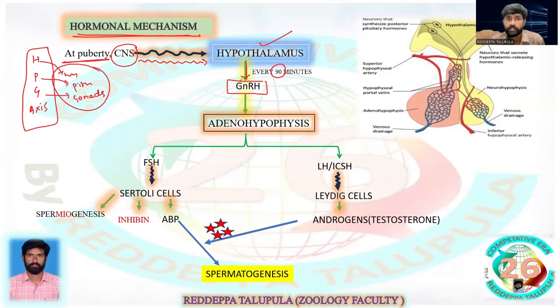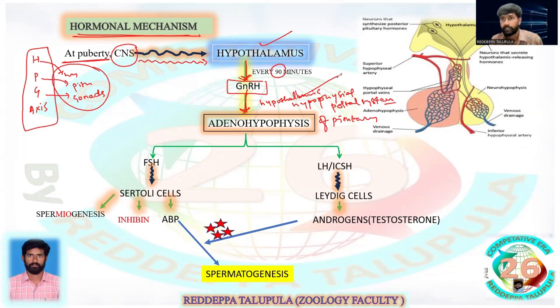Now see, hypothalamus releases the gonadotropin releasing hormone, and it reaches the adenohypophysis of pituitary by means of the hypophyseal portal system.